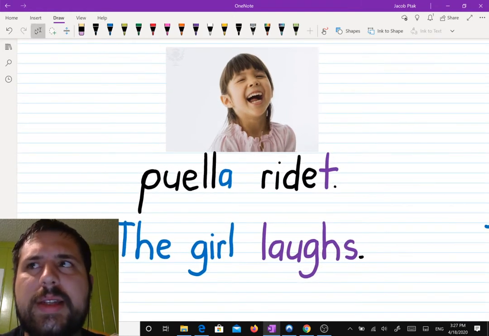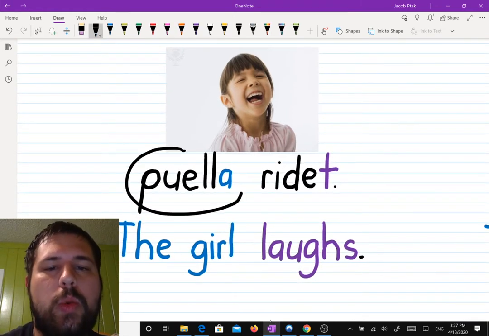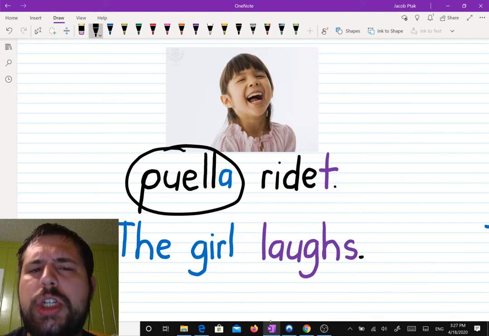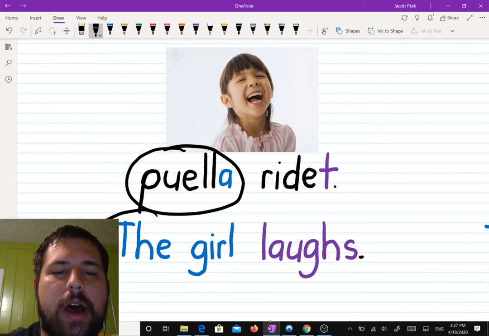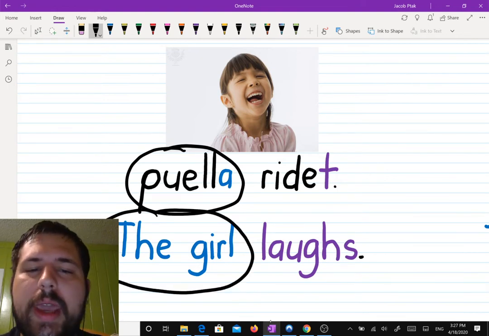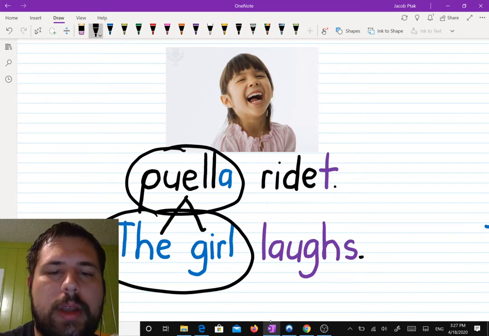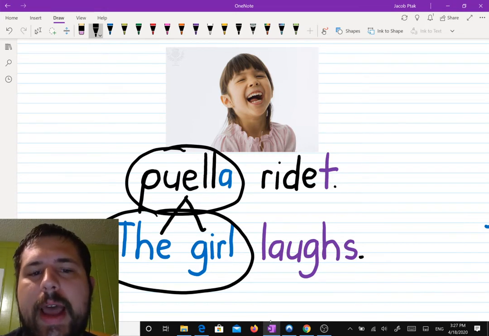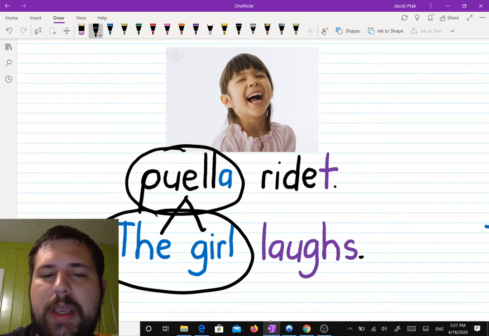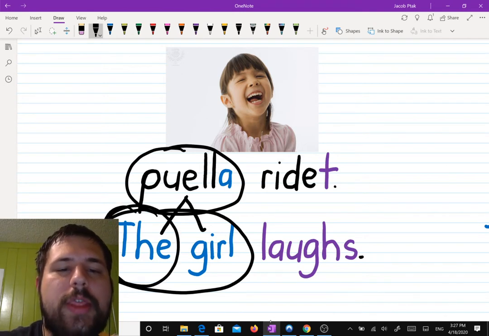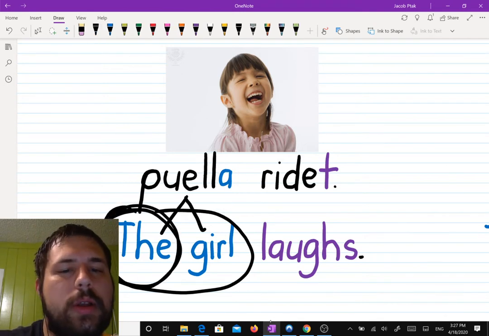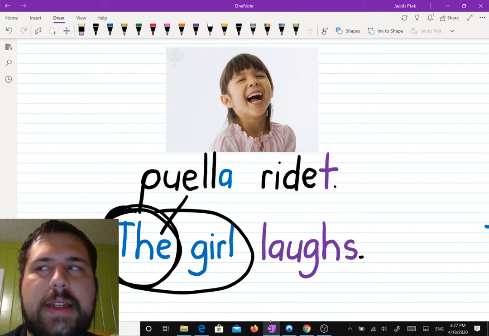So in this sentence, we have the word puella, which actually means the girl. So you get two English words from the same Latin word. And that's because this word the is not a word in Latin. The idea the is not an idea in Latin.